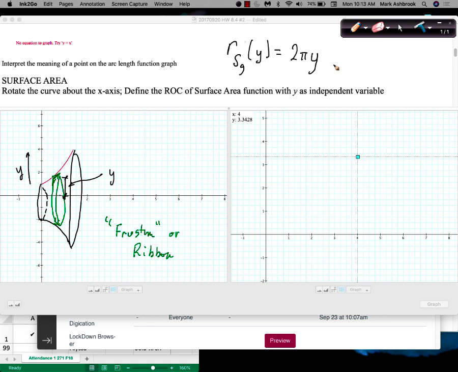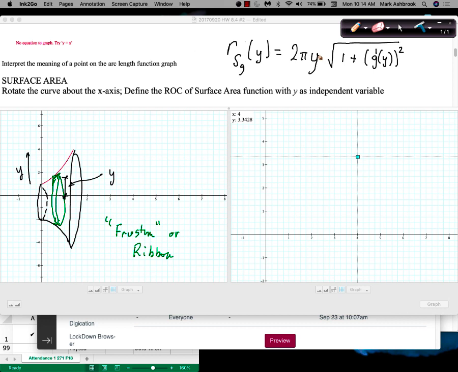Let's put that on hold. And then we got square root of one plus what? dy over dx squared? Okay, so derivative of g with respect to y squared.